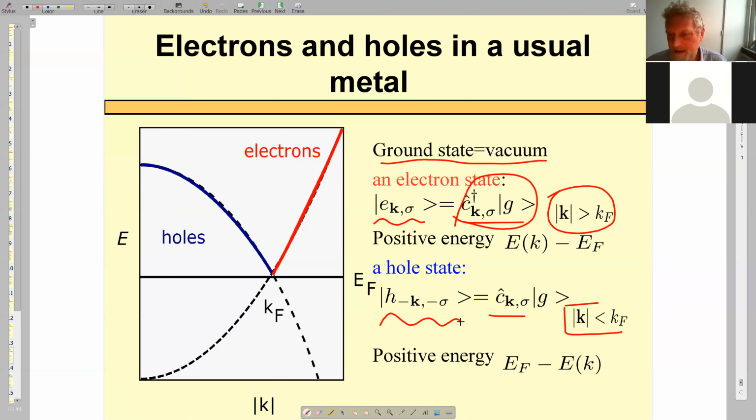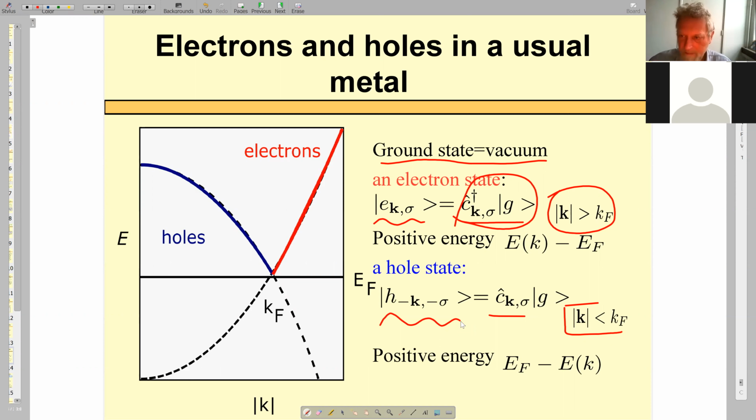So the momentum K and spin sigma are extracted. They come with a minus sign. Both excitations have positive energy, as you can see from this plot.